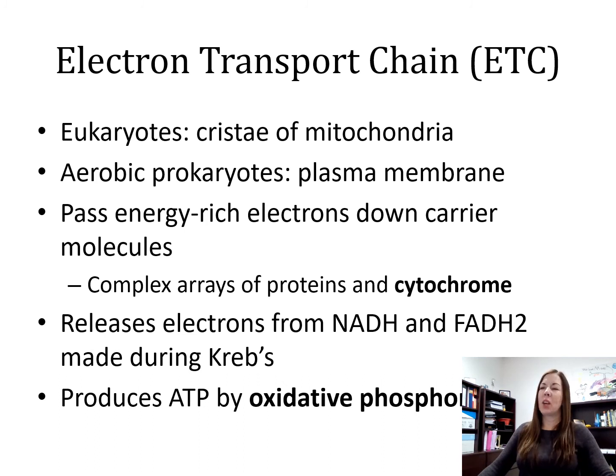So the last step is the electron transport chain, and this happens for eukaryotes in the cristae of the mitochondria. In aerobic prokaryotes, it happens in the plasma membrane. And this is not so different than the electron transport chain that we already learned about, where you're passing high energy electrons down carrier molecules to a final electron acceptor.